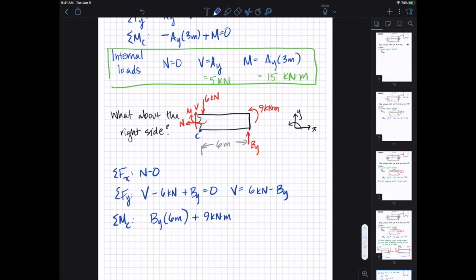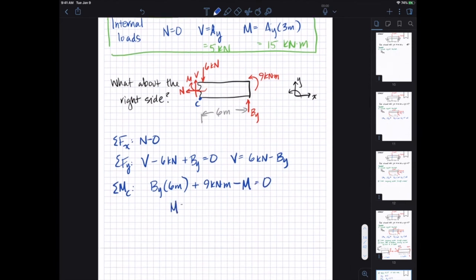So all we have left is M, which is going to be negative because it's generating a clockwise M here, which is then negative. So just keeping track of our signs. Now if I solve for M, I see that M is equal to BY times 6 meters plus 9 kilonewton meters. And substituting in, we know that BY is equal to 1 from above.